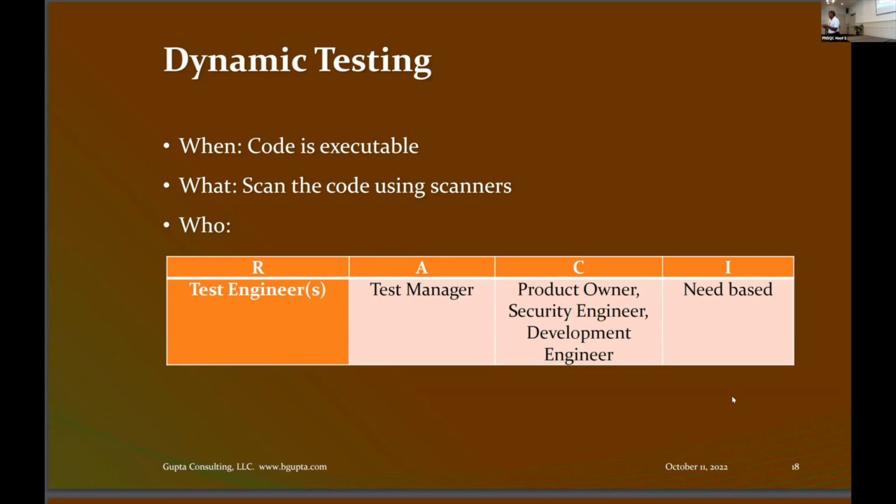Okay? Now, what we have done so far is found out the high-level vulnerabilities, and we have also found out the structured testing which we do in regular QA, but we haven't tested like a hacker yet. At that point, you do penetration testing.